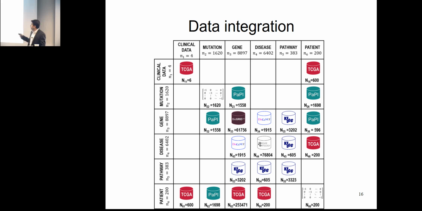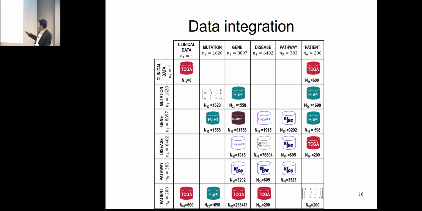So, for example, I have the clinical data and the patients from TCGA, and I put them here. It's a relational matrix. So it's filled with the relations between the rows and the columns. So the relation between mutations and patients is, for each patient, if it's binary, for example, I would have a 1 if the mutation is present in the patient.